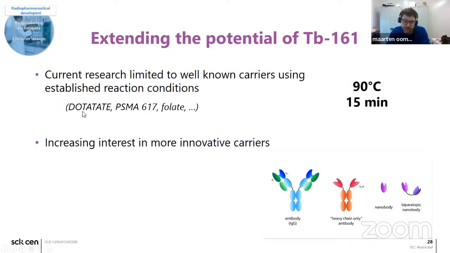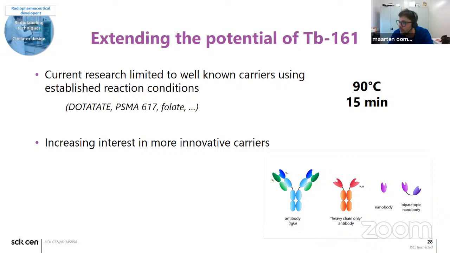So of course, as I mentioned, PSI has been working on terbium, and the research was mainly limited to well-known carriers. So DOTATATE, the PSMA that I mentioned before, there had been some folate, and they were all quite heat resistant. So they were radiolabeled at 90 degrees. They basically boil it up for 15 minutes.